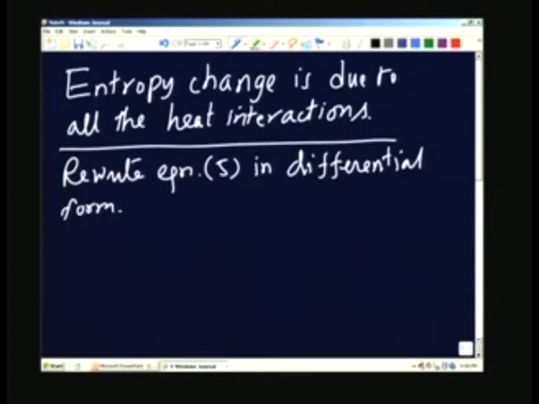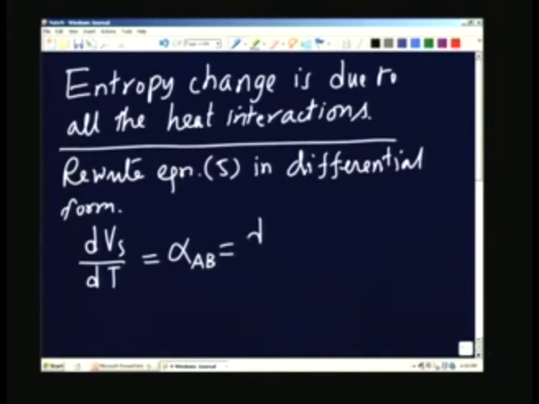Therefore, the differential form will be given by dVs by dt, taking the derivative of that expression with respect to temperature, which we have defined as alpha. If you want, you can explicitly say alpha AB.